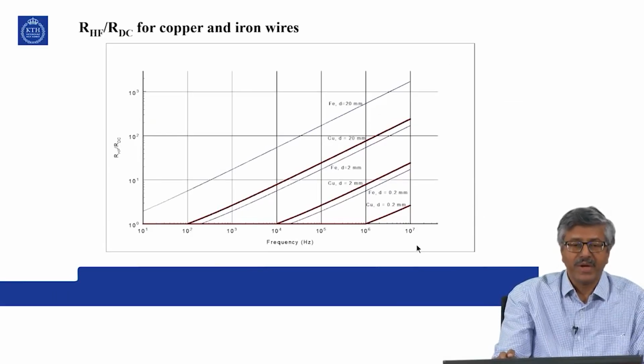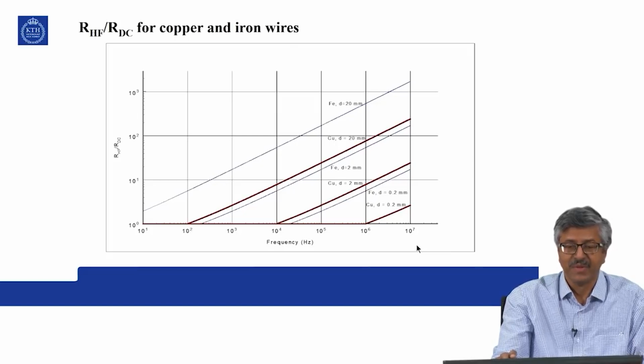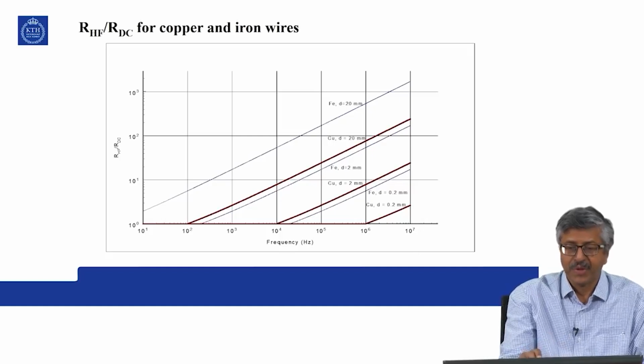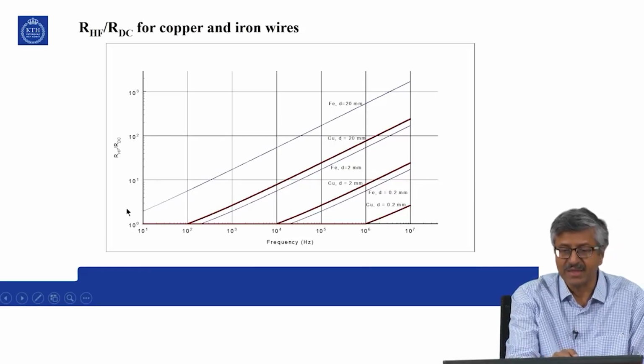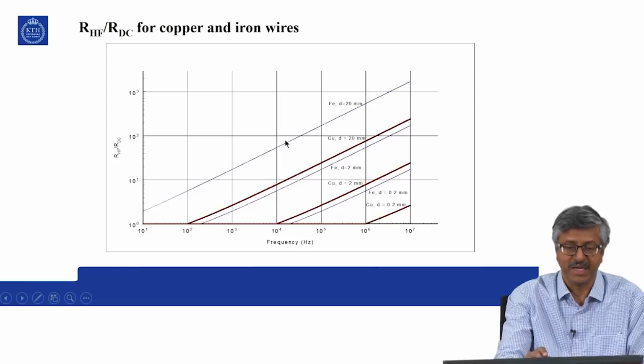Now, we can do a comparison of high frequency resistance to DC resistance for copper and iron wires. High frequency resistance is much higher than DC resistance, and if you take the ratio, you will see that the effect of skin depth is already coming at 10 hertz for very thick iron wire of 2 centimeter, or 20 millimeter, in diameter.